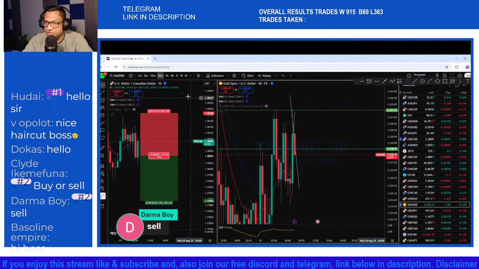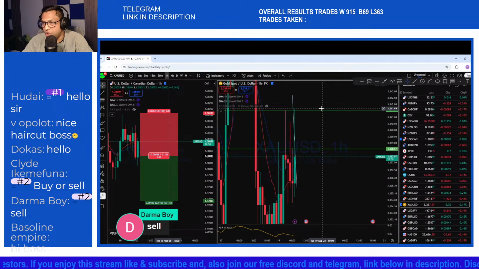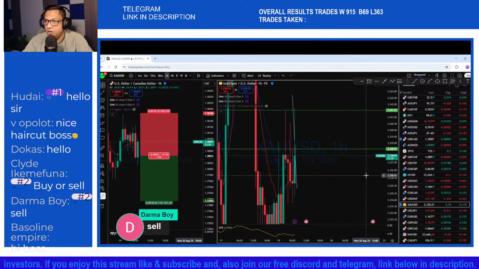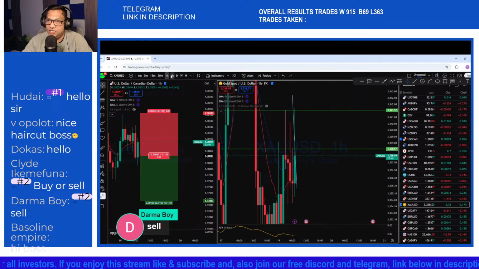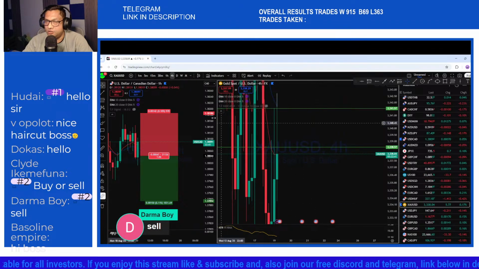We can see that rejection from the 1 hour here. This is a double top and multiple liquidity grabs, and I think this is where we could potentially see the market come back to create a new lower low.